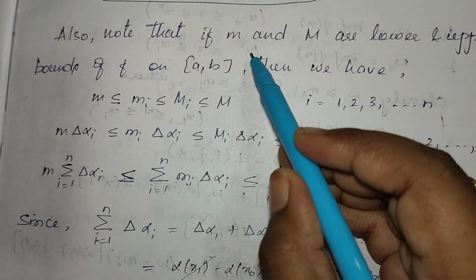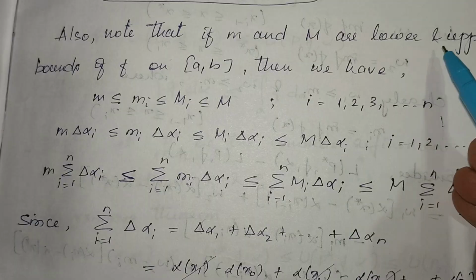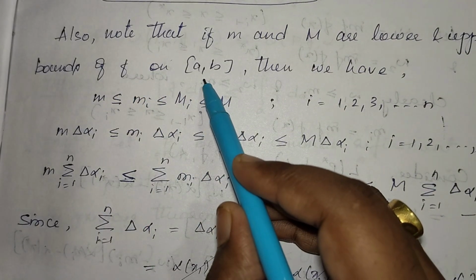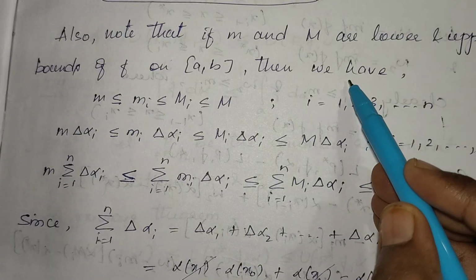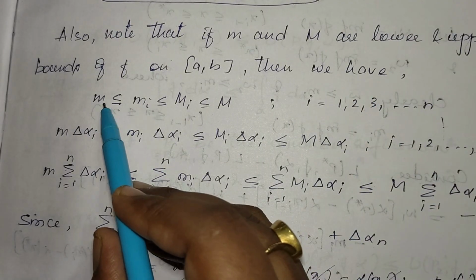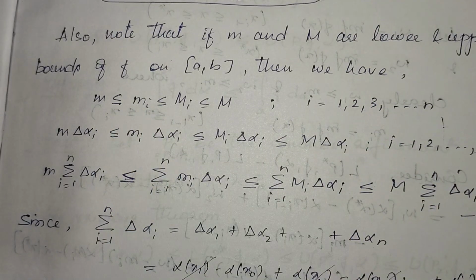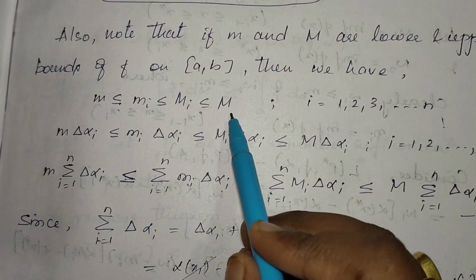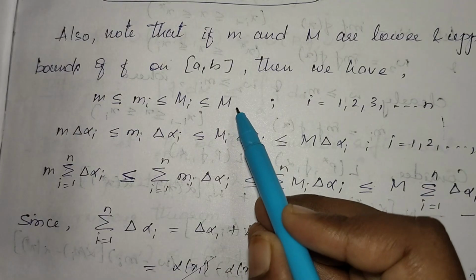Also note that if small m and capital M are the lower and upper bounds of f on closed interval [a, b], then we have m less than or equal to small mi less than or equal to capital Mi, and that is less than or equal to capital M. See, this is an obvious thing.